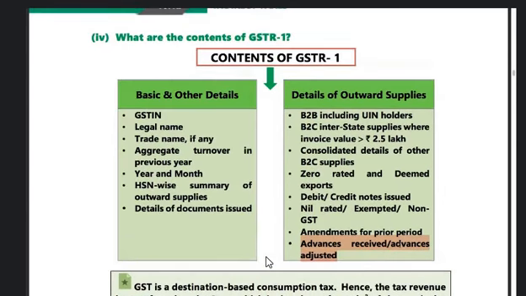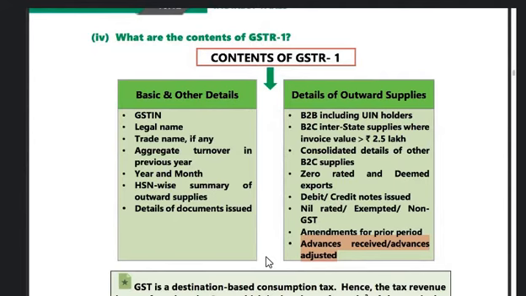So GSTR1 will contain details of B2B supplies and UIN supplies invoice wise; B2C interstate supplies with invoice value more than 2.5 lakhs invoice wise; other B2C supplies consolidated; zero rated and deemed export invoice wise; debit notes and credit notes. If it is B2B, then invoice wise. If it is B2C, consolidated.